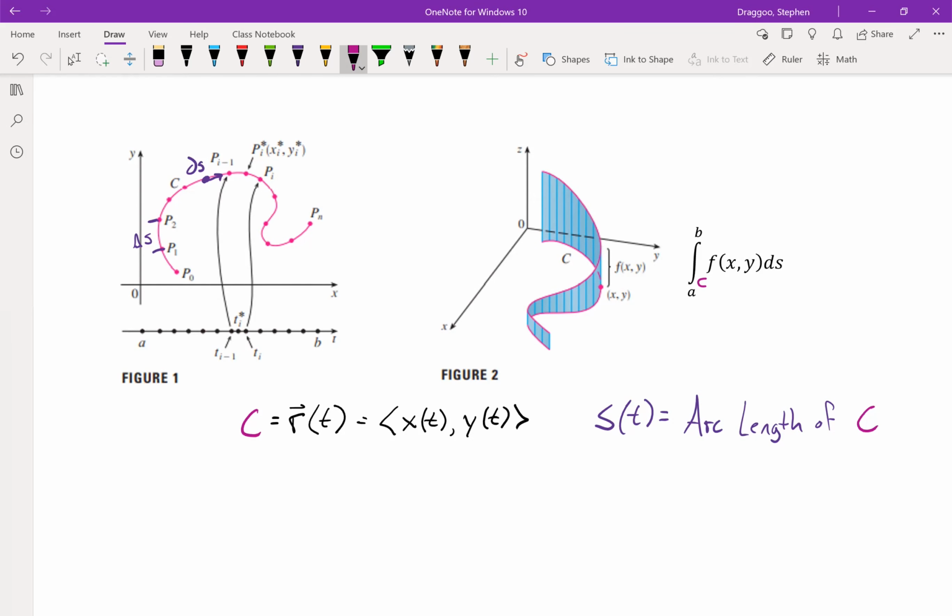So if s is going to be the arc length of C, that means s of t should be equal to the integral from some starting point, r of a, to some ending point, r of t.